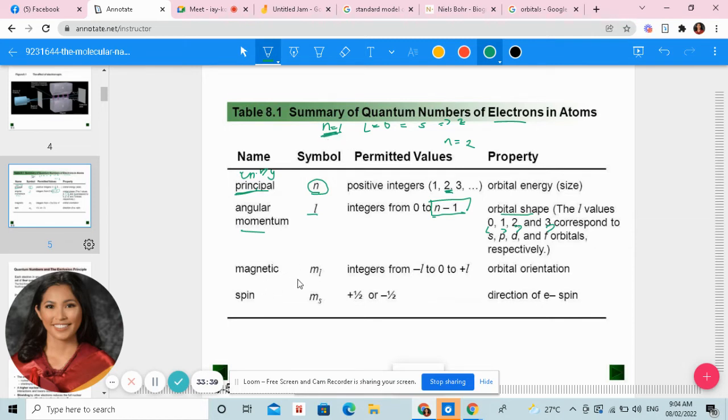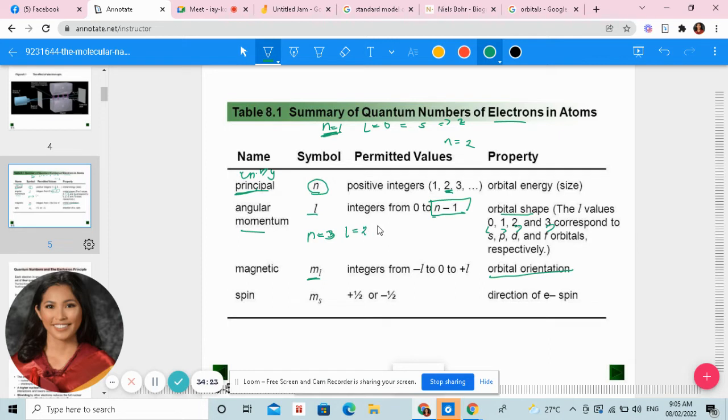Okay. Now, we also have the magnetic quantum number, ML, integers from negative L to 0 to positive L, which is the orbital orientation. So if n is equal to 3, L is equal to 2.